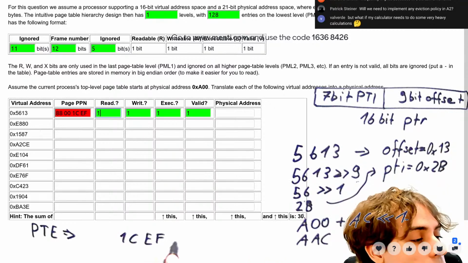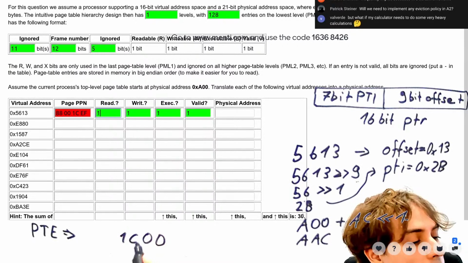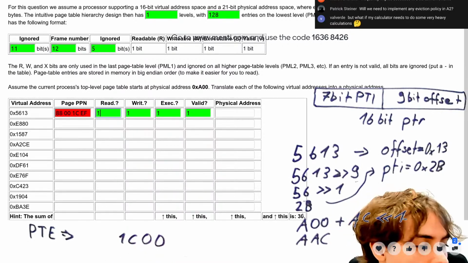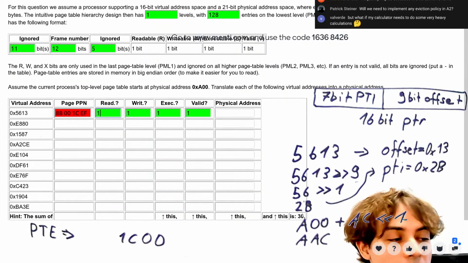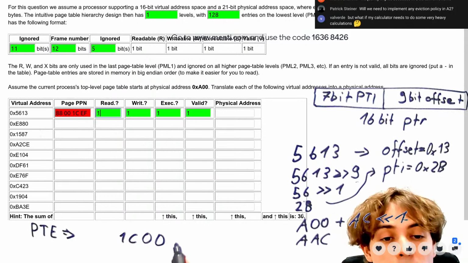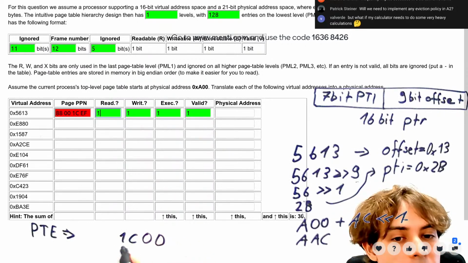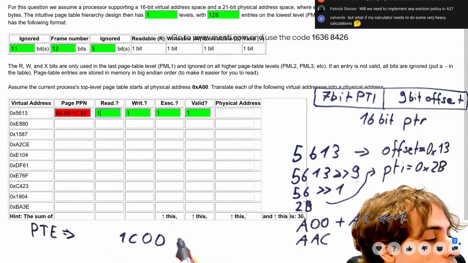We need to set these to 0 as well. The next bit is already 0, so it doesn't make a difference. So this is 1C00. So this is already nice. This will be our physical page base address. And the physical PPN is this divided by page size. So we have to shift this to the right by 9.